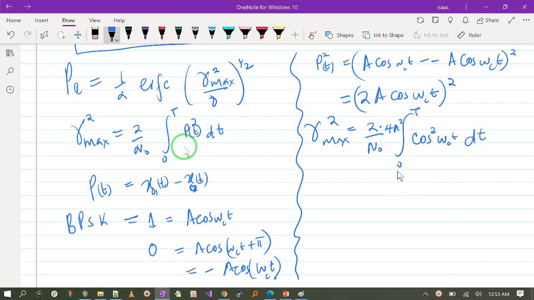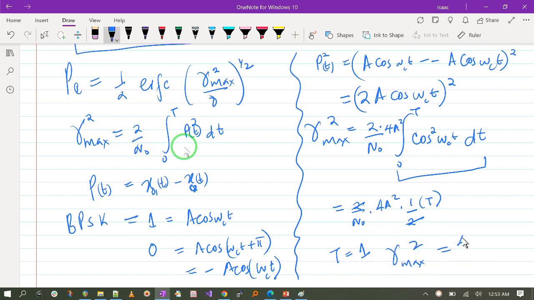We have already evaluated this integral before, and we found it to be a half, so the other functions are lost and we find 1 times T. The period is normalized to one bit duration, and therefore our gamma max squared is equivalent to 4A squared all over n naught.